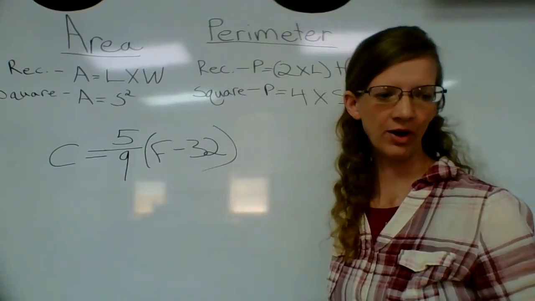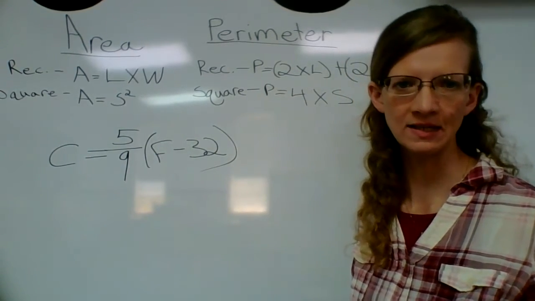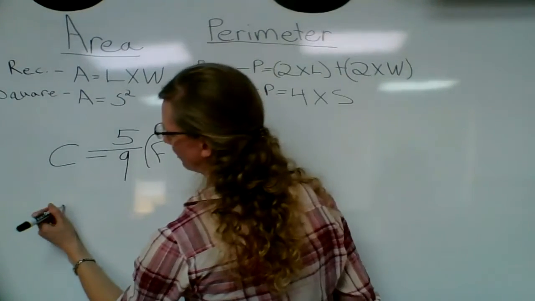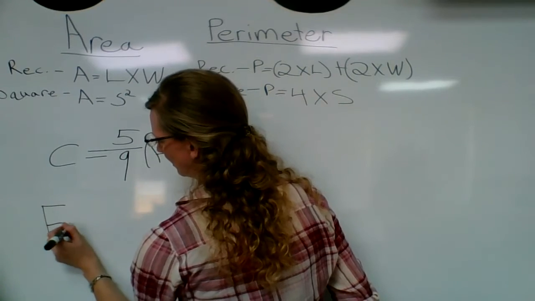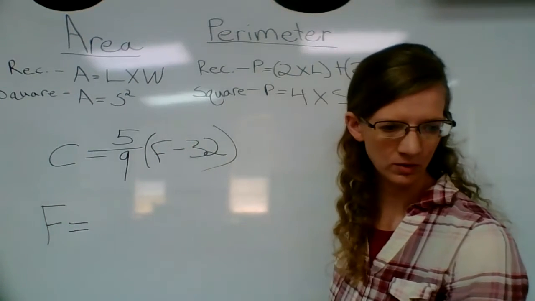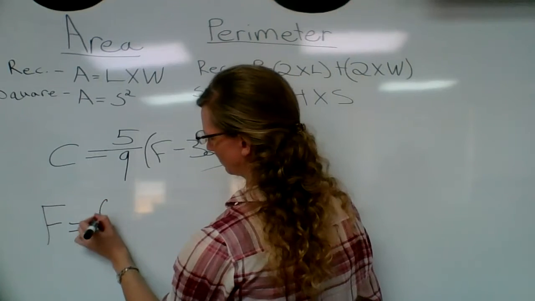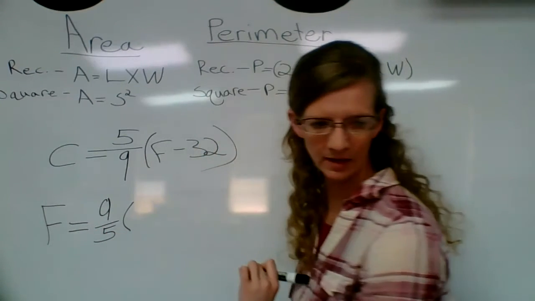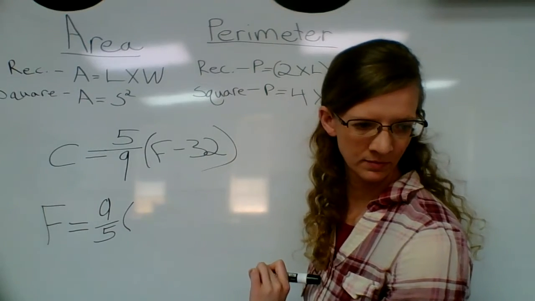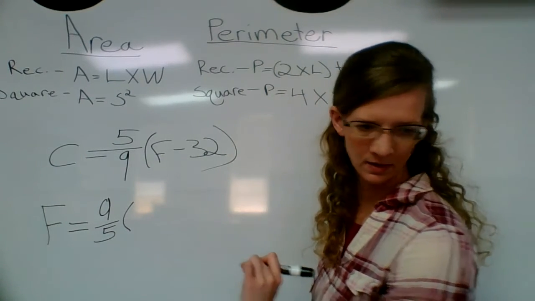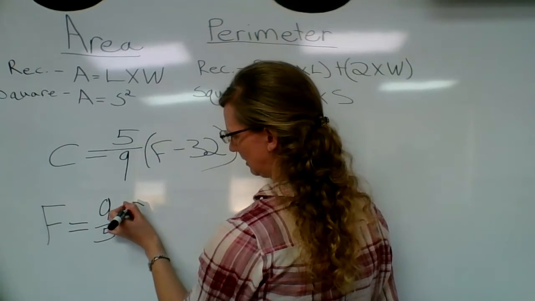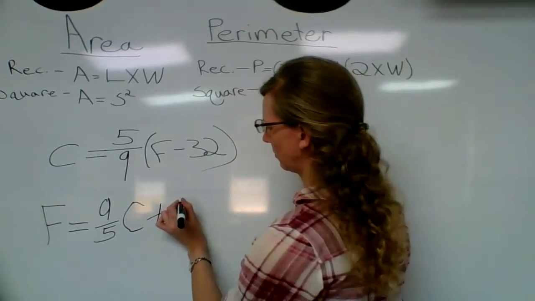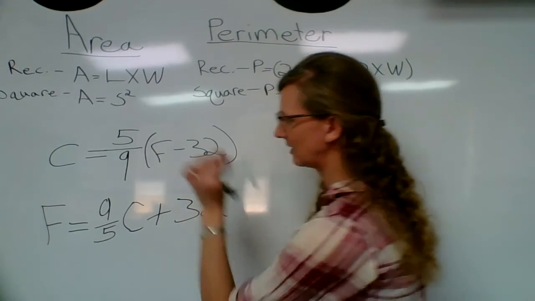So if you have your Fahrenheit and you want to find what the Celsius is, that is your formula. If you have Celsius and you want to find the Fahrenheit, F equals 9/5 times C plus 32. So it's important not to get the two confused, okay?